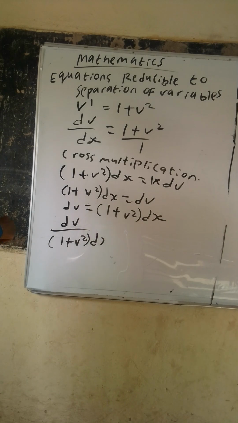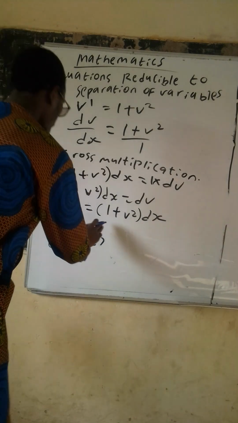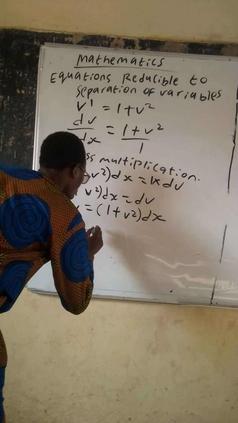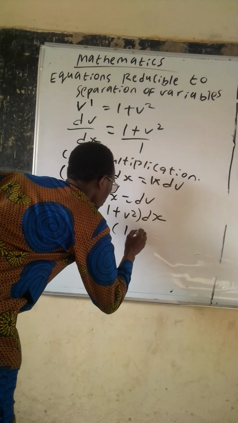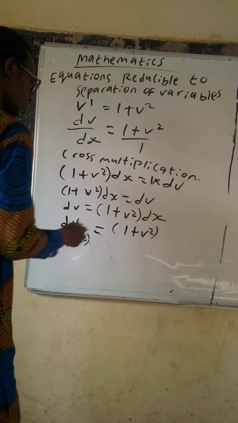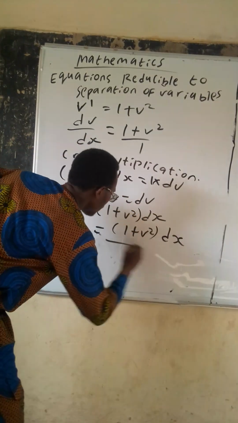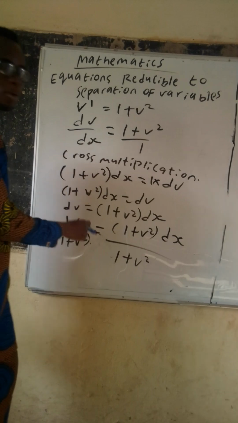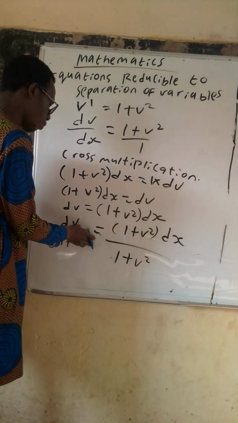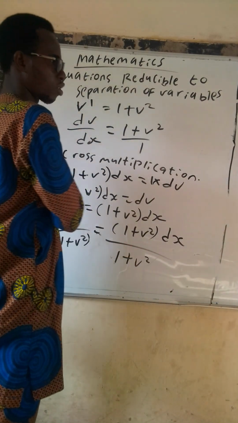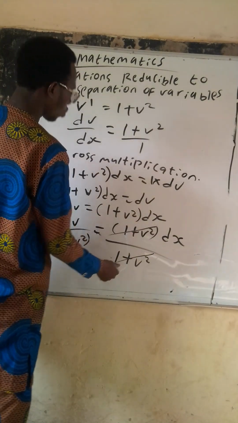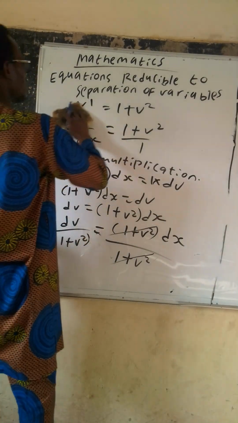We are dividing by 1 plus v squared, so it equals (1 plus v squared) dx divided by 1 plus v squared. We take the variables of v to one side and the variables of x to the other side. The 1 plus v squared will cancel the 1 plus v squared.